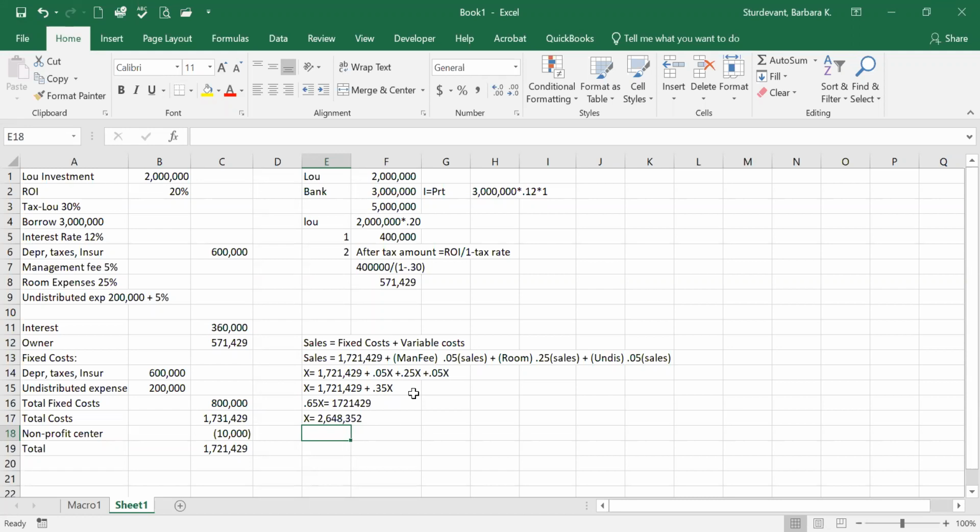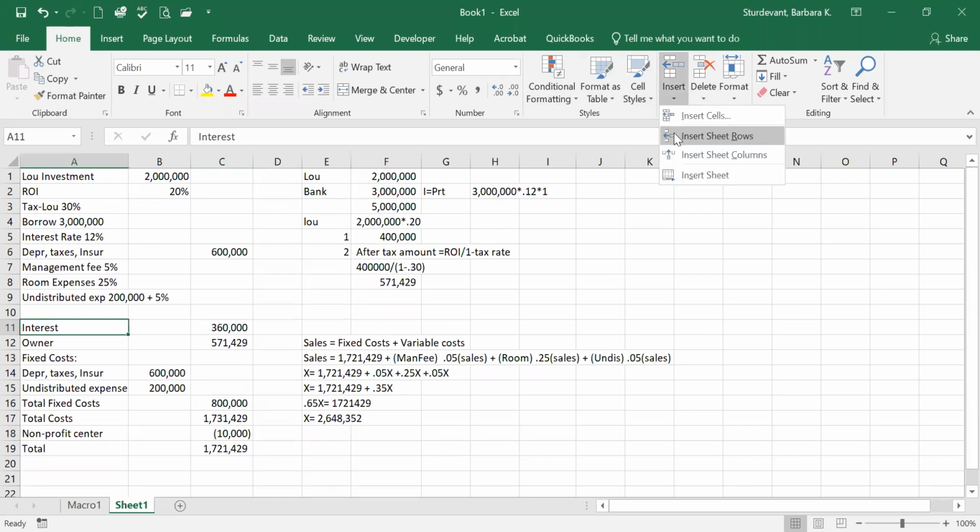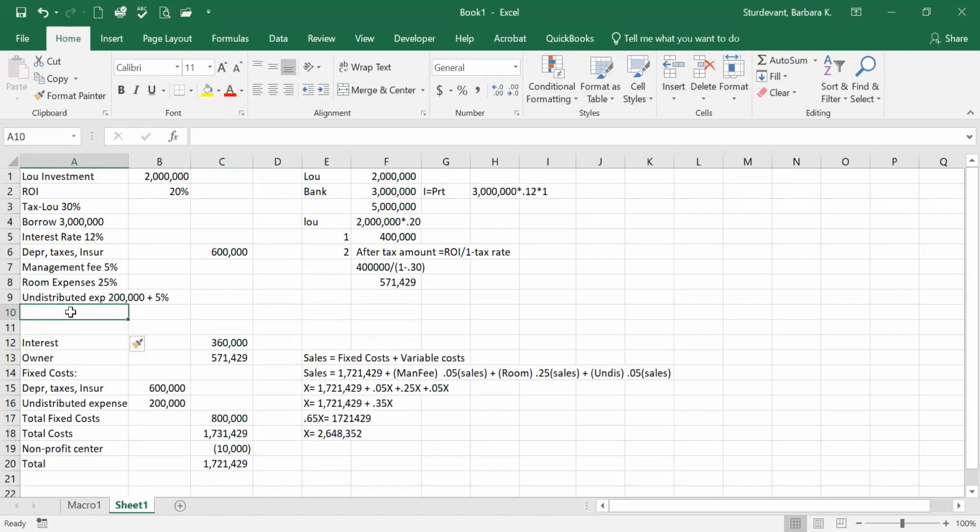Let's go back through this before we finish. So, step 1, write all this down. And so what I should have done is put a nonprofit center contributes 10,000.